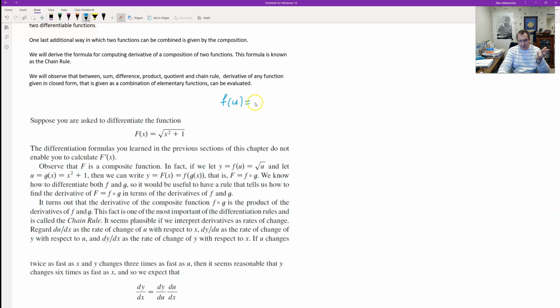The first function is the square root of a variable u, and the second function is g of x equals x squared plus 1. If we take function f and, instead of the variable u, substitute g of x, then we obtain the function of this example.